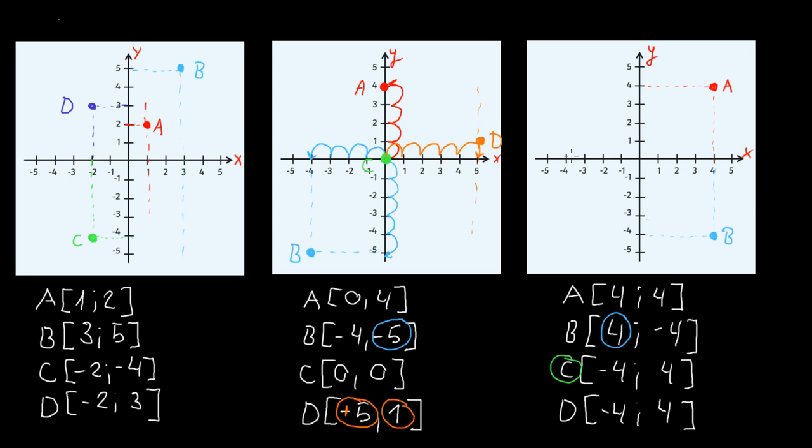Now it's on the left side. -4 and 4, which is here. This is C. And then we have D, which, I guess you presumed correctly, is the last one.